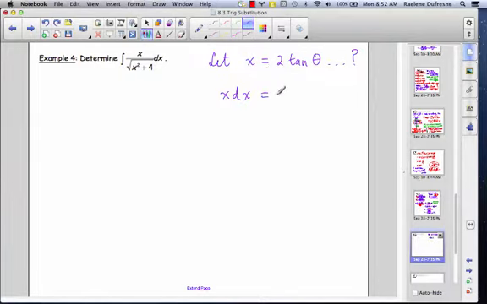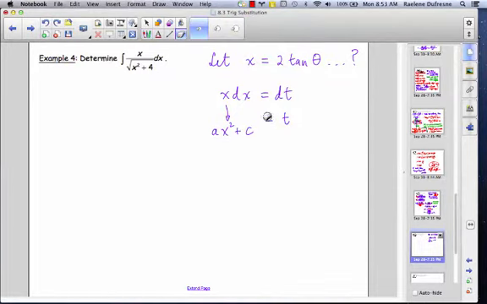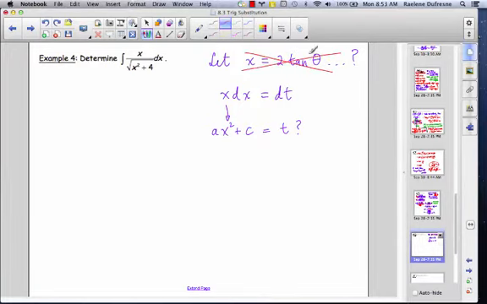So if this, for example, were dt, some substituted variable, we might expect t to be some kind of quadratic function, ax squared plus maybe a constant for t. And since we have x squared plus 4 in the denominator, maybe we don't need to use the trig substitution. Maybe we can use the regular method of substitution.